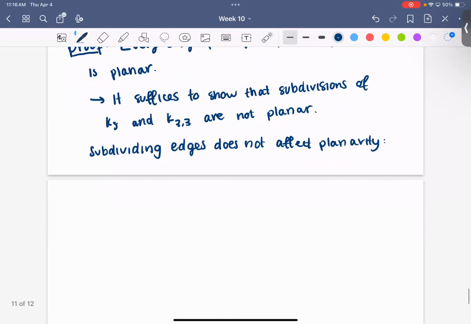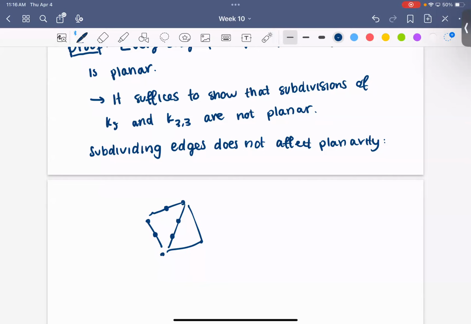So why is that? If I have some graph and I have an embedding of it, and the graph is planar, then I can use that same embedding, just adding a vertex wherever the edge is subdivided, to obtain a planar embedding of the subdivided graph.